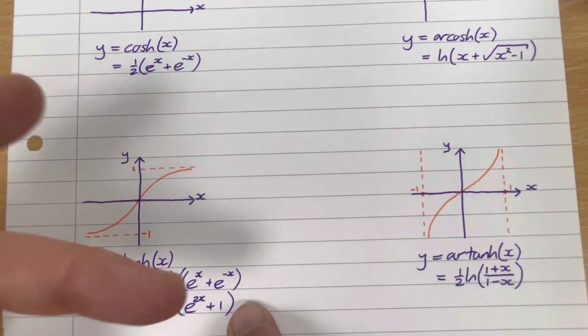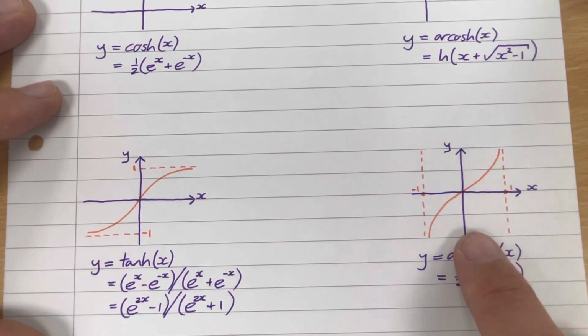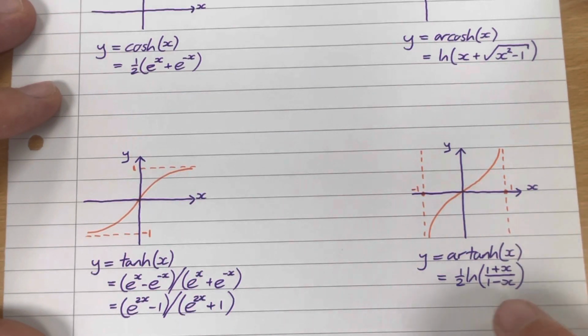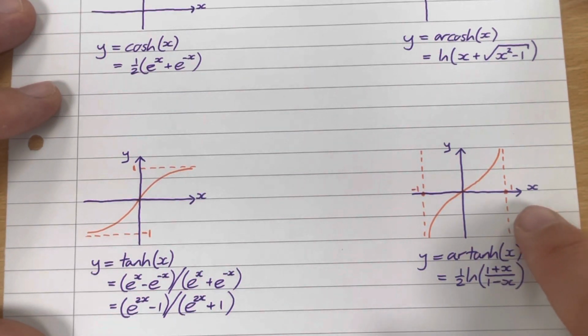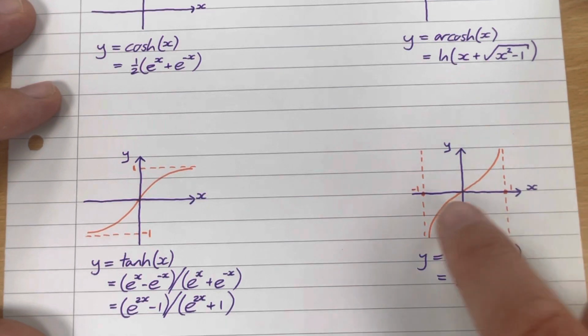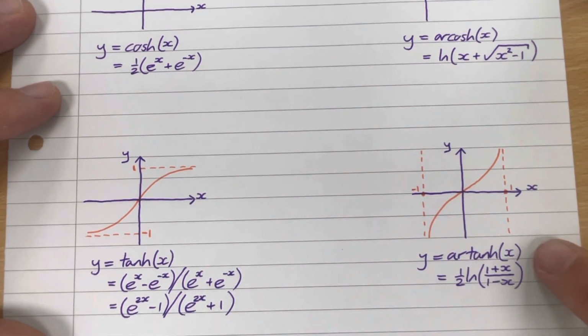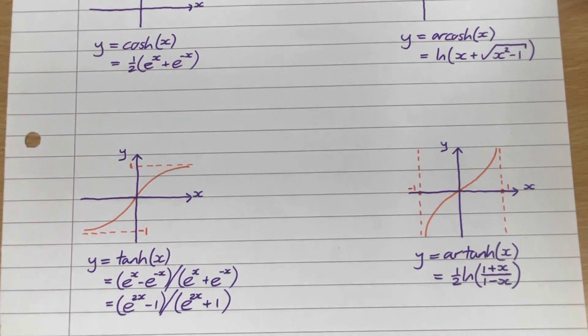So when you inverse it, you just reflect it in the line y equals x. It looks like this. The horizontal asymptotes become vertical asymptotes. It's an odd function, so it remains odd. And you can't plug in anything bigger than 1 or less than -1 into this, otherwise you'll be trying to log a negative number. So there's its logarithmic definition, as shown again earlier in the video.